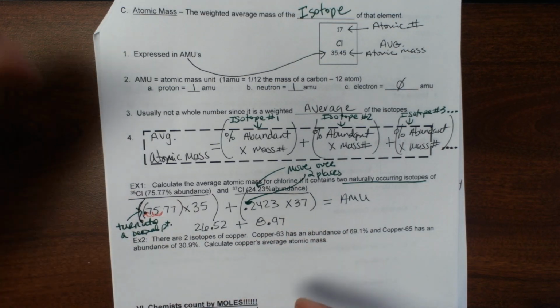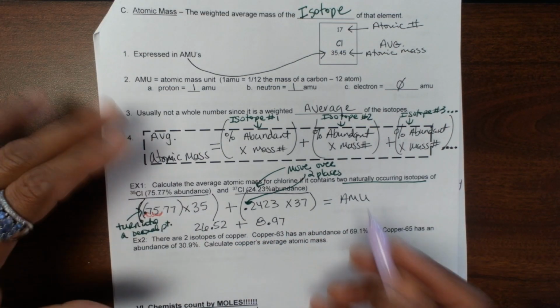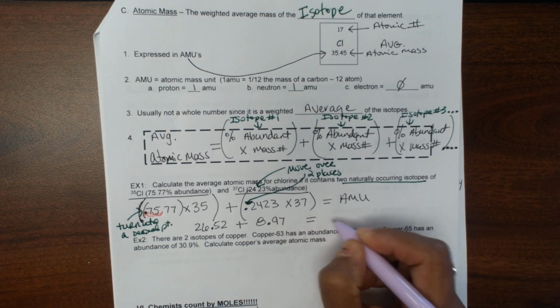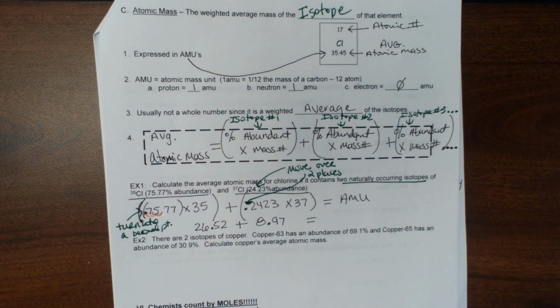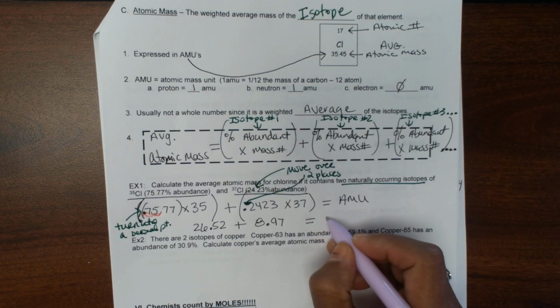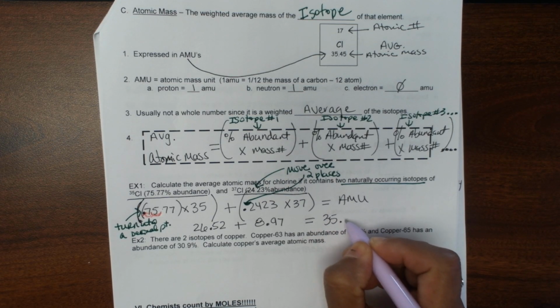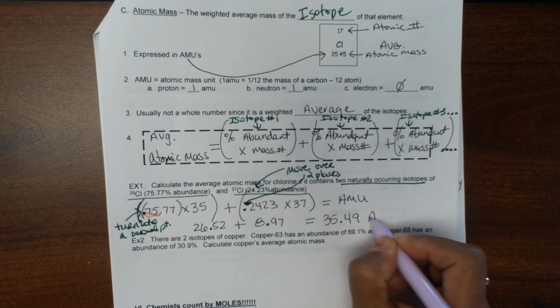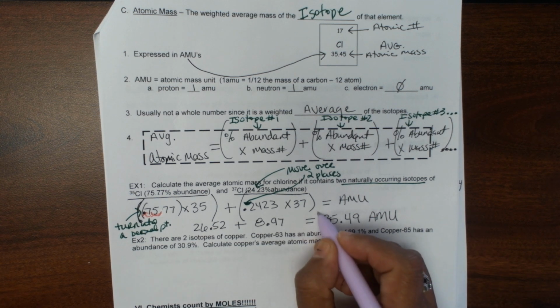Now we can go ahead and add those together, and when I add those together, I don't have my number. What'd you get, Daniel? 35.49. 35.49 AMU.